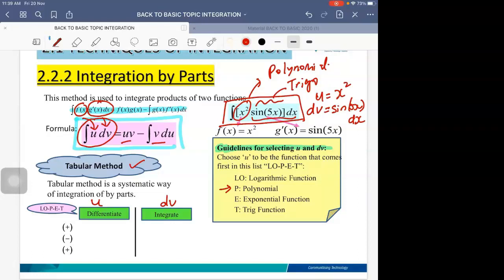For dv, we do the process of integration. Then we put the operation signs alternately, positive, negative, positive, because it follows this rule: minus integrate v du. Let's look at an example.